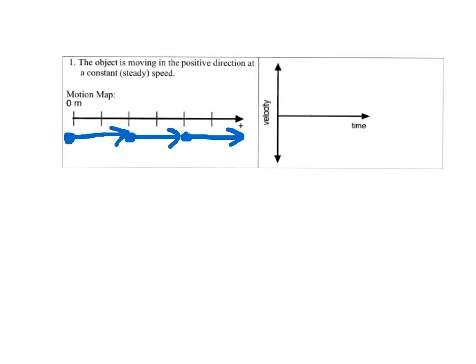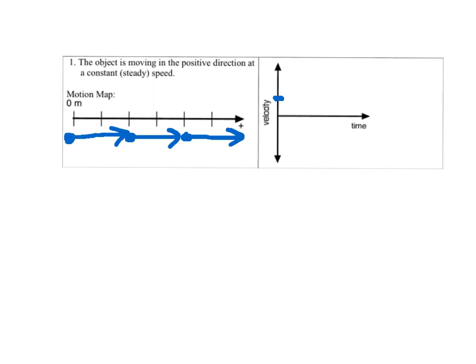So it's at a constant speed. Notice that each interval, the length of the arrow is the same. And the way I would represent that, well, what is the velocity? I'm just looking at the velocity for each one. The velocity here for my first second is 2 meters per second, and 2 meters per second, and 2 meters per second. So how would I graph that?